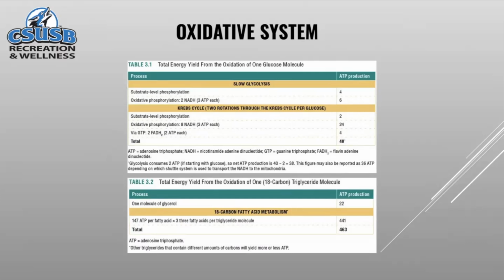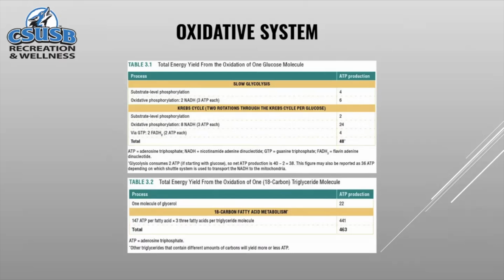Then down at the bottom, this is what I'm talking about, that fat oxidation. When we oxidize one 18 carbon triglyceride, which is a fat, we get a good amount of energy out of that. Right there at the bottom, you can see it's 147 ATP per fatty acid times 3 fatty acids per triglyceride molecule.